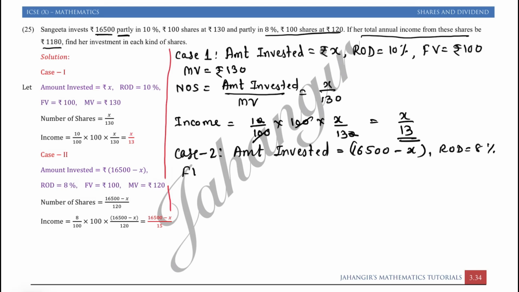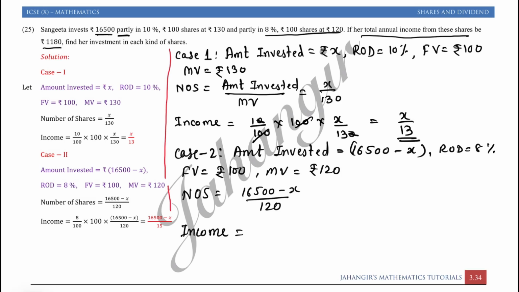Face value is equal to rupees 100 and its market value is rupees 120. Now here also first I have to find number of shares, that is amount invested 16,500 minus X upon market value, that is 120.